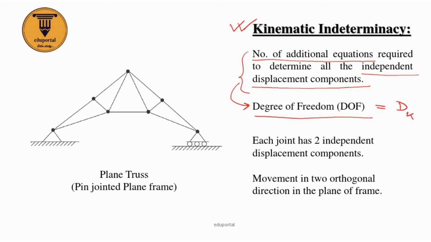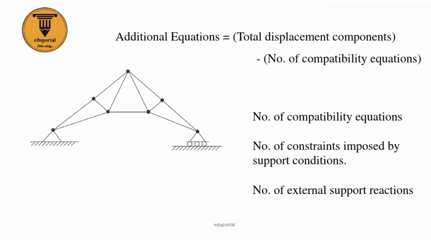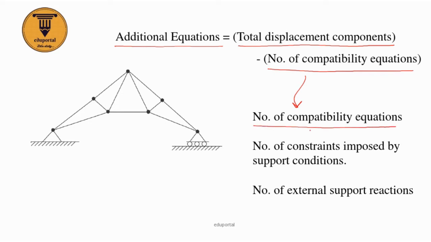So what is this number of additional equations? Additional equations equal total displacement components minus the number of compatibility equations. Now how to determine the number of compatibility equations? It is actually the number of constraints imposed by the support reactions.